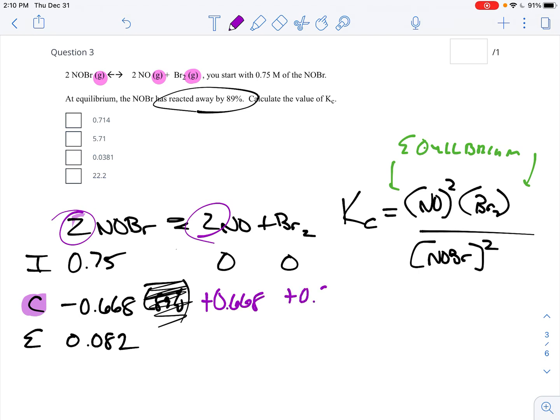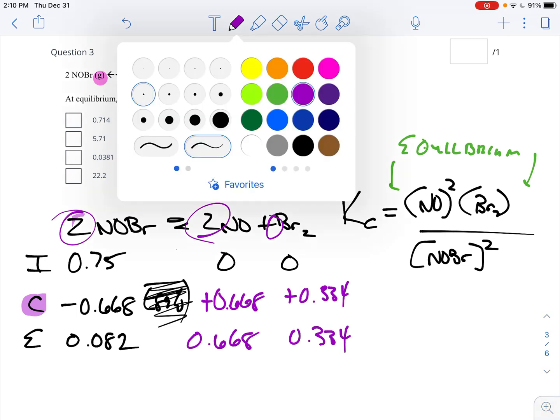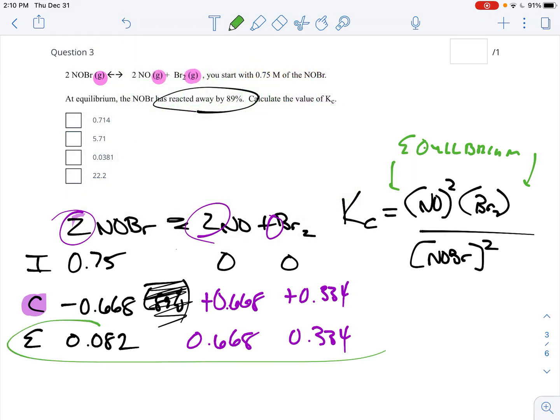And here I'm going to gain 0.334 because there's only a 1 there, because this is a 2-to-2 ratio. And this is a 1-to-2 ratio that is there. So, consequently, at equilibrium, I have 0.668 and 0.334 here. Now, I have my equilibrium values.